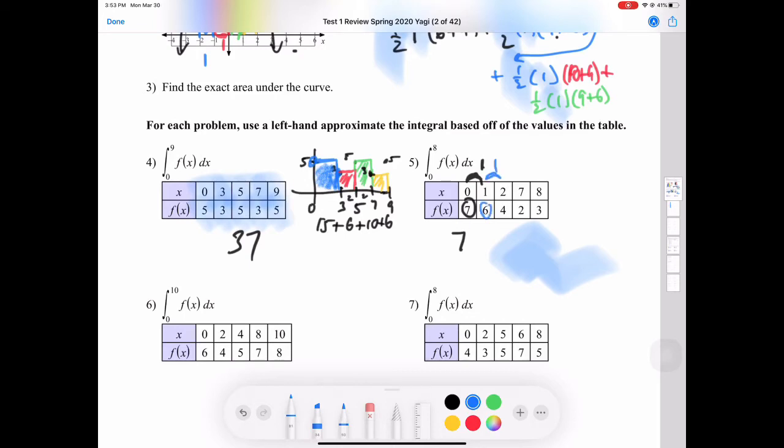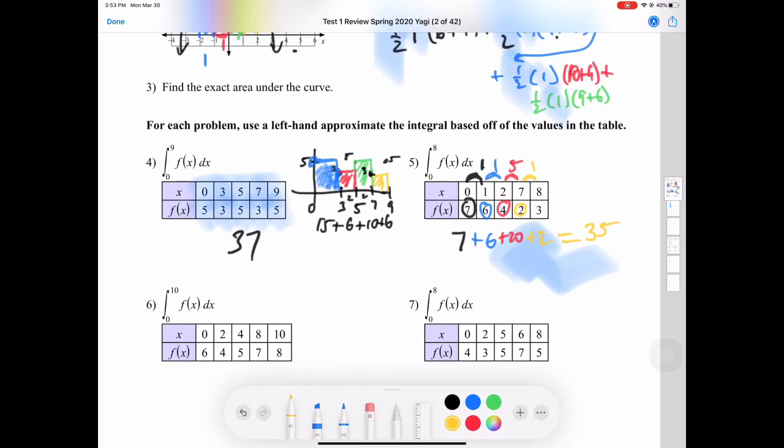We choose 6, because that's my left side, plus 6. Between 2 and 7, that is 5. We choose our left side, that's 20. Between 7 and 8, that's 1. We choose our left side, that's 2. Approximation is 22 plus 13, which is 35.